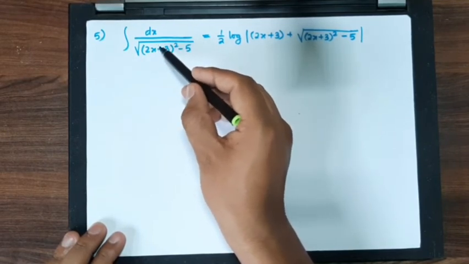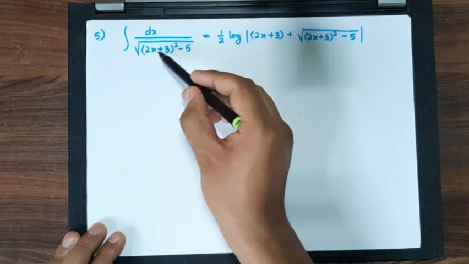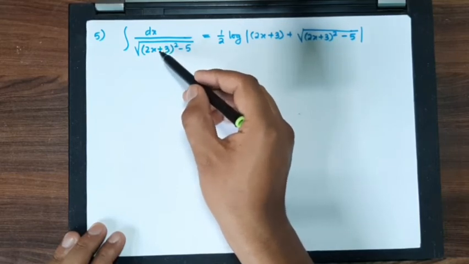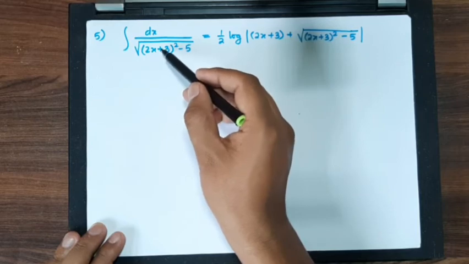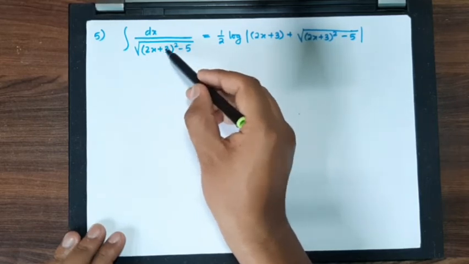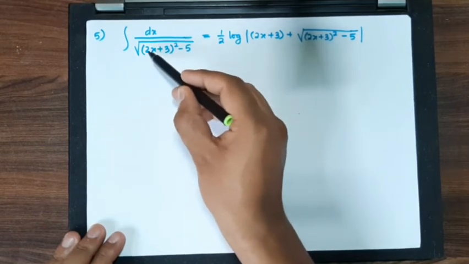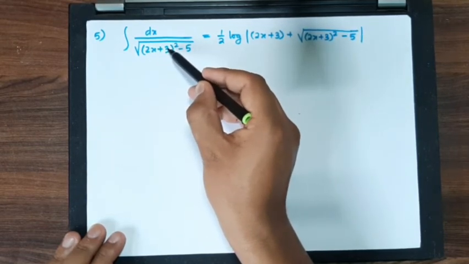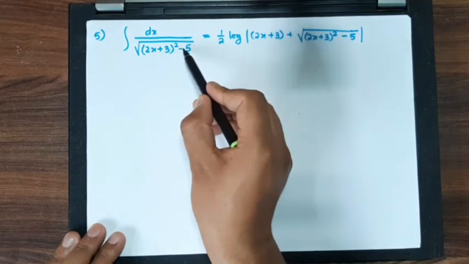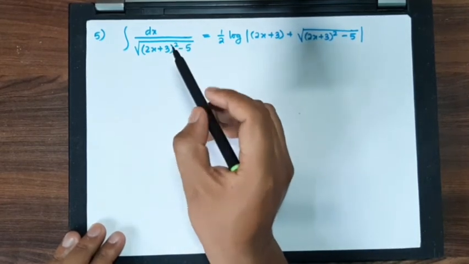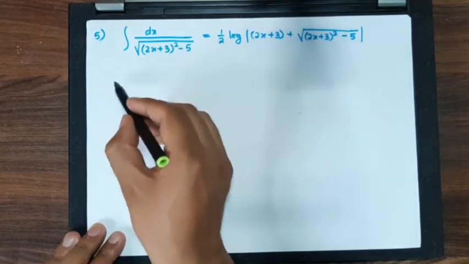That means there should not be any constant attached to x square, or in other words the coefficient of x square should be 1. So to make this in the standard form, we will substitute 2x plus 3 with t, so that it can be written as t square minus a square. Is that clear?